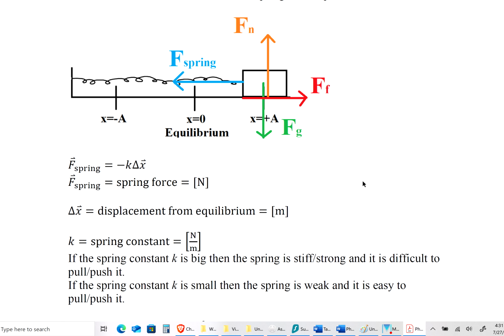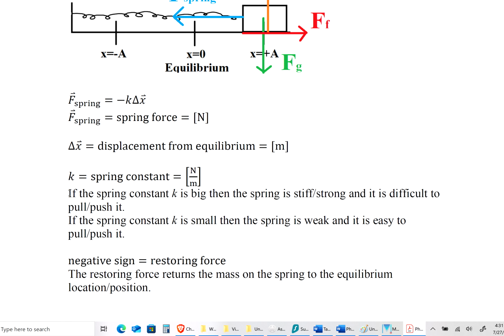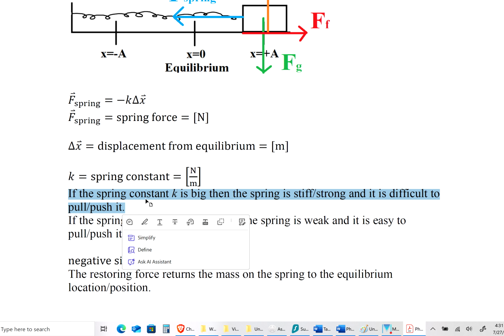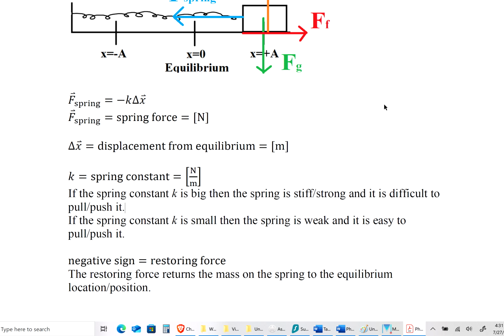Force of the spring is minus k delta x, where delta x is the distance from the equilibrium position, or the displacement from the equilibrium position. This force is called the spring force. k is the spring constant. So if k is big, then the spring is stiff. It's difficult to get that spring to compress.